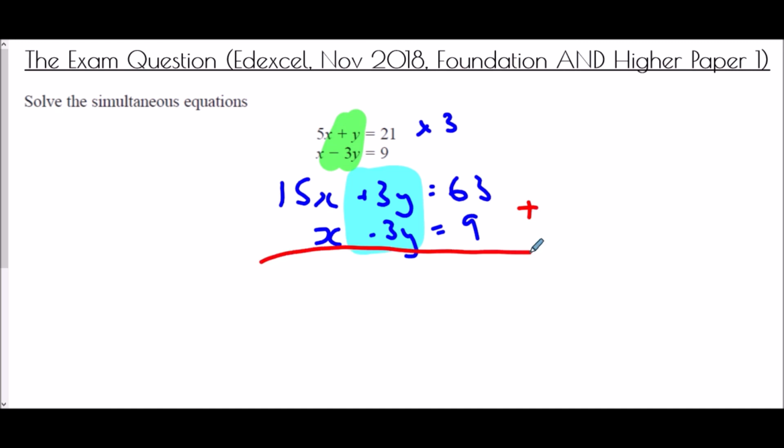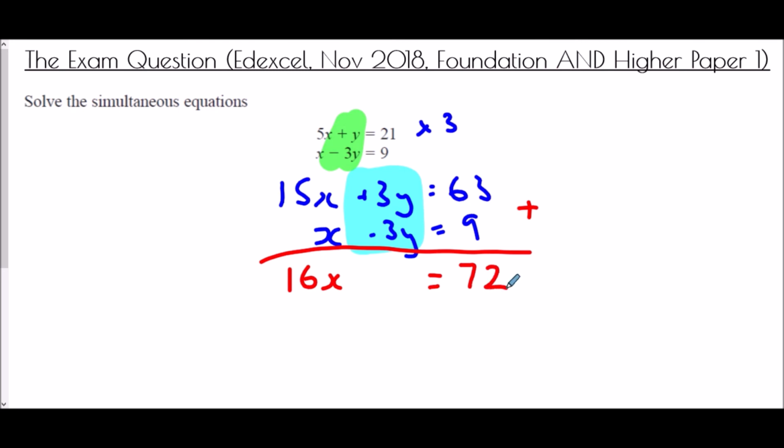And so I'm going to add together the two equations. 15x plus x would give me 16x. Positive 3y plus negative 3y have eliminated, and 63 plus 9 is 72.